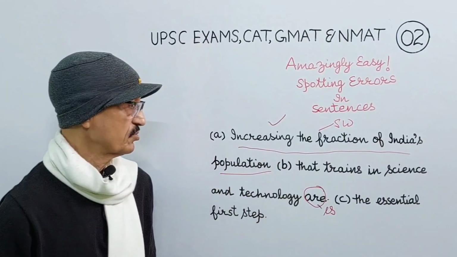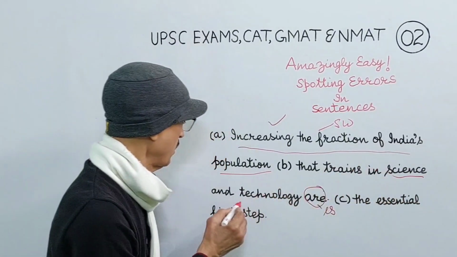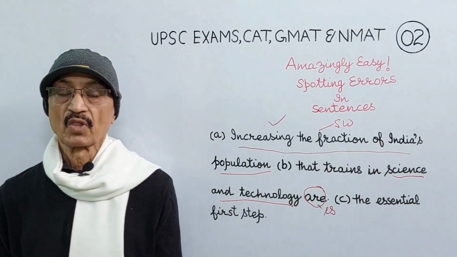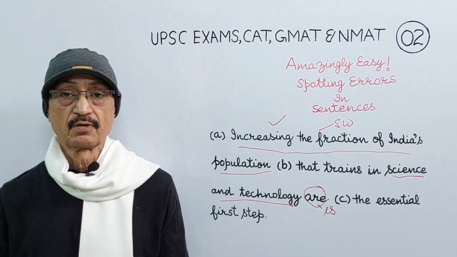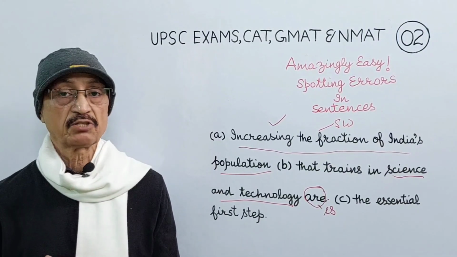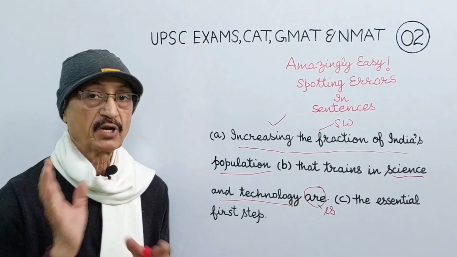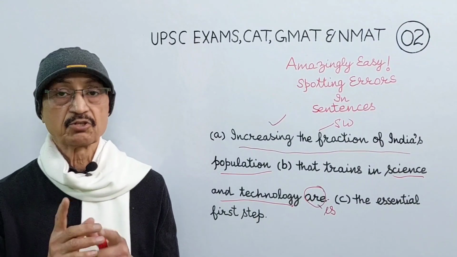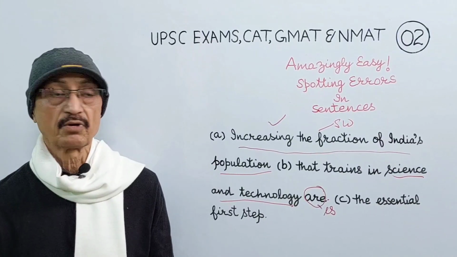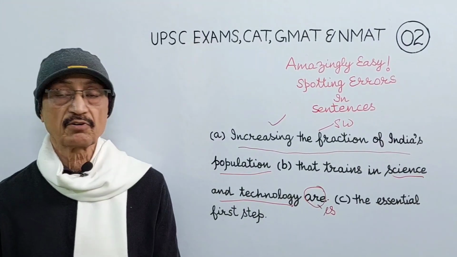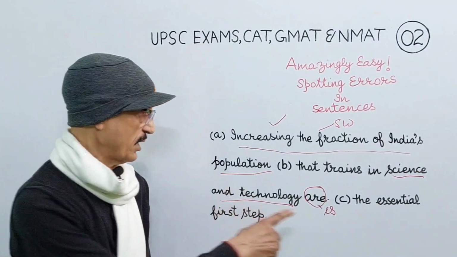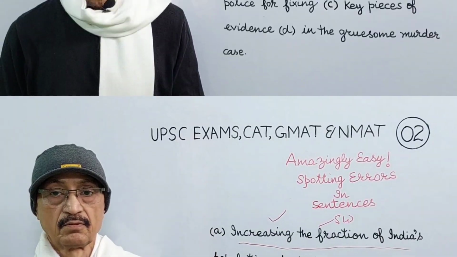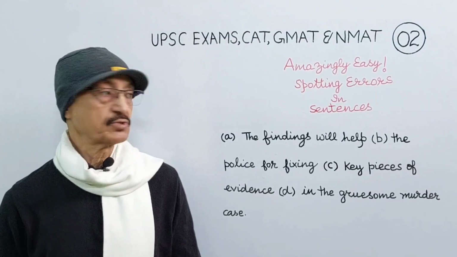They will see science and technology. They will think that two nouns have been joined with the conjunction and, so it should be are. No, this is wrong. The correct subject verb agreement is increasing the fraction of India's population, then you will take is.